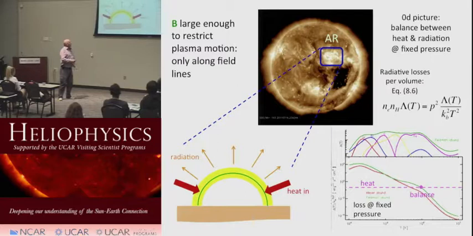Okay? So that's the balance. Heat in, dash line, radiation out, the green line, they balance there. Question is, what if something happened and this got nudged so it's a little hotter for an instant than it would be in equilibrium? What happens to the plasma?